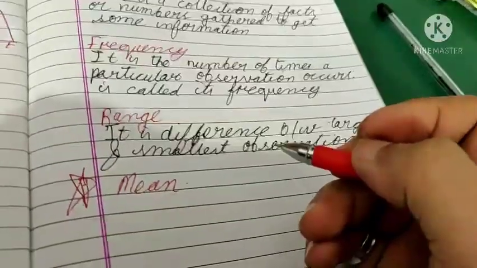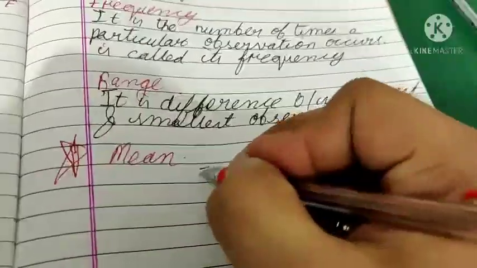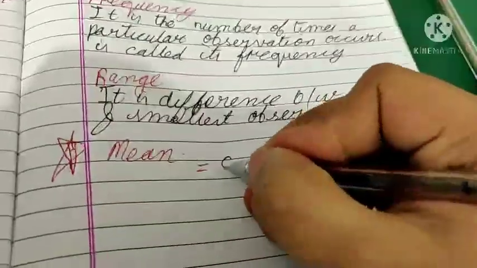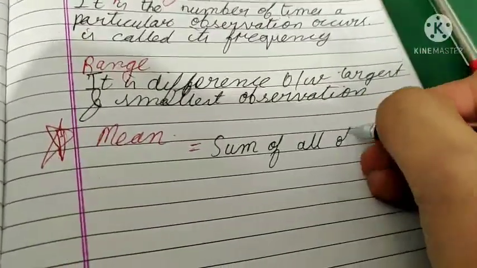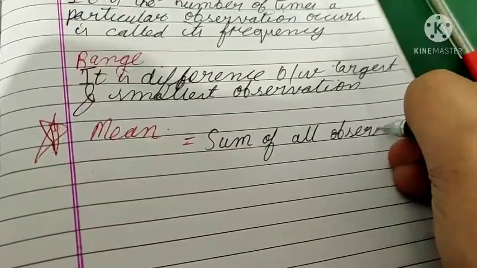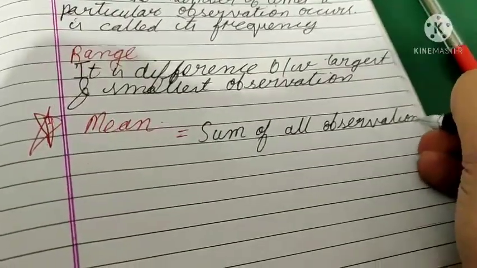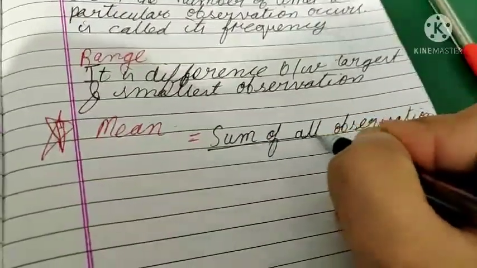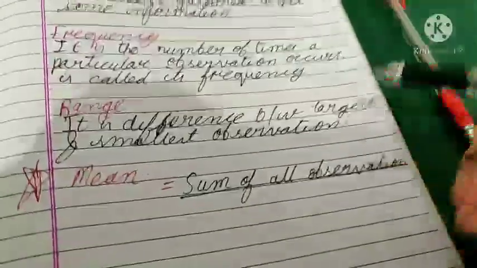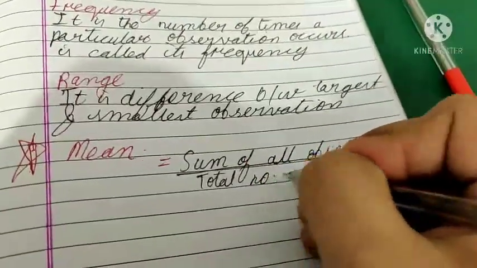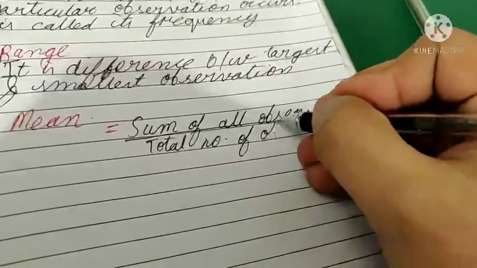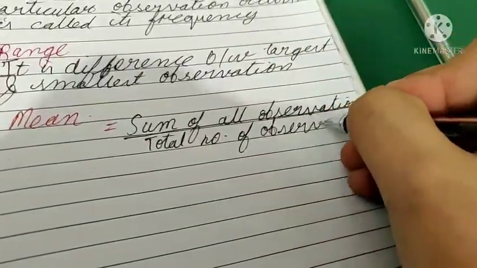Mean means it is the sum of all observations, the observations or the facts or the numbers, upon the total number of observations.